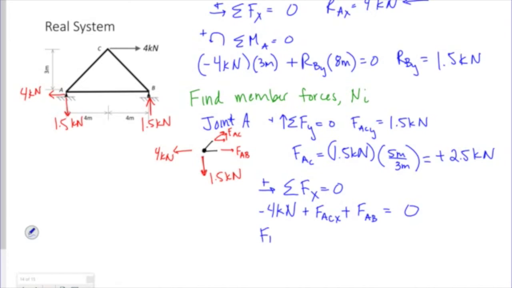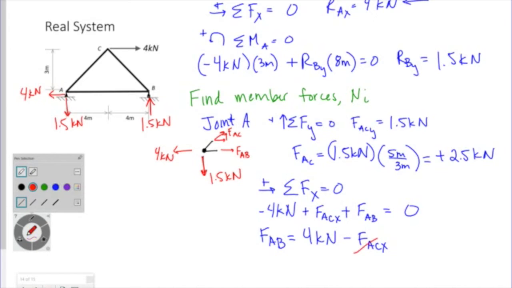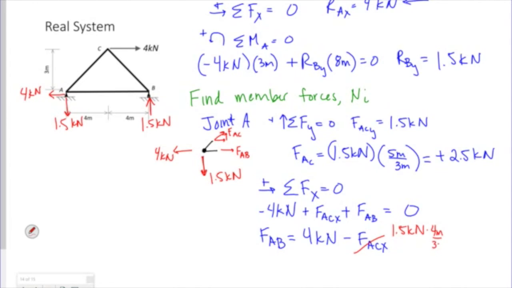So FAB is equal to 4 kilonewtons minus FACX, which is 1.5 kilonewtons, the vertical component, times 4 meters over 3 meters.